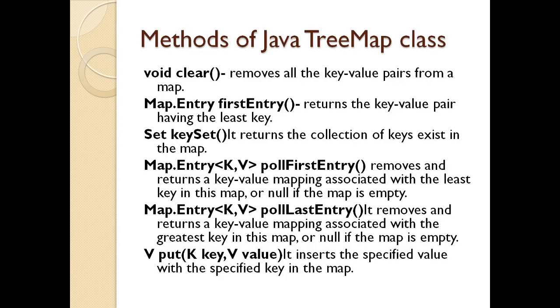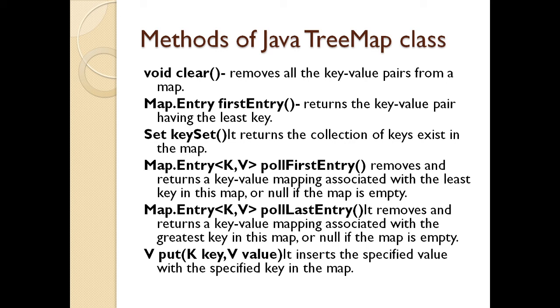So let's see what are the methods on the Java TreeMap class. First method is void clear. This method removes all the key-value pairs from the map. Then Map.Entry firstEntry returns the key-value pair having the least key. The Set keySet returns the collection of the keys which exist in the map.